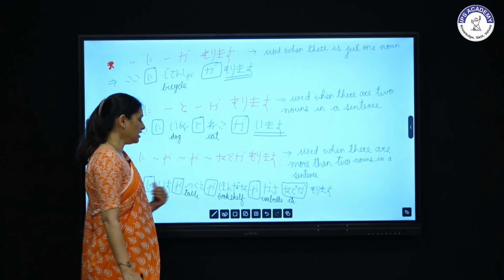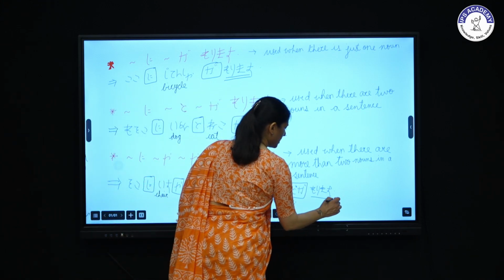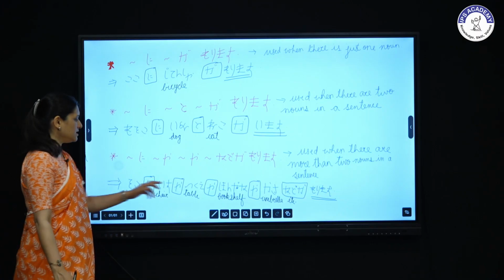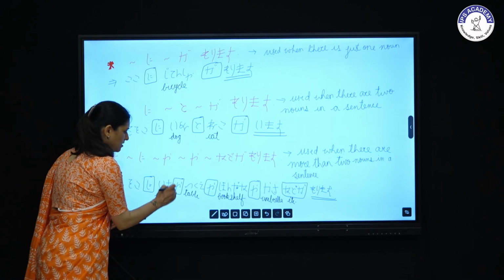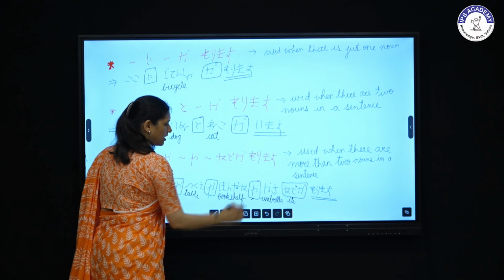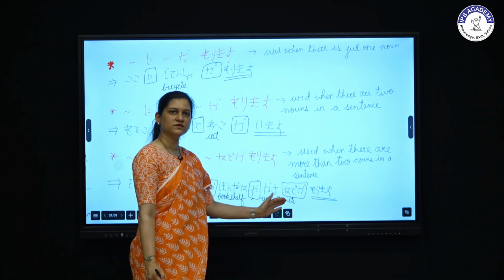Correct. These are non-living things. So, at the end we will be using arimasu. Okay. Ya is used like a comma. Okay, it is used like a separator. Nado ga. We are using ga particle. We add nado here, which means etc.